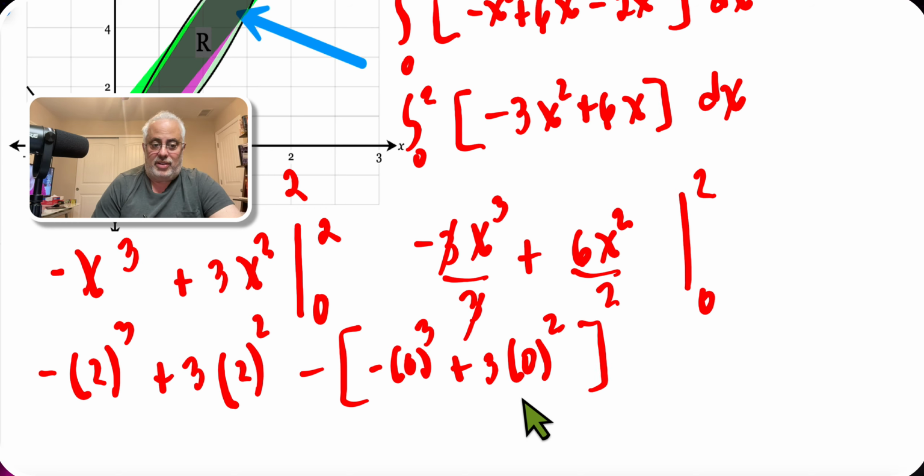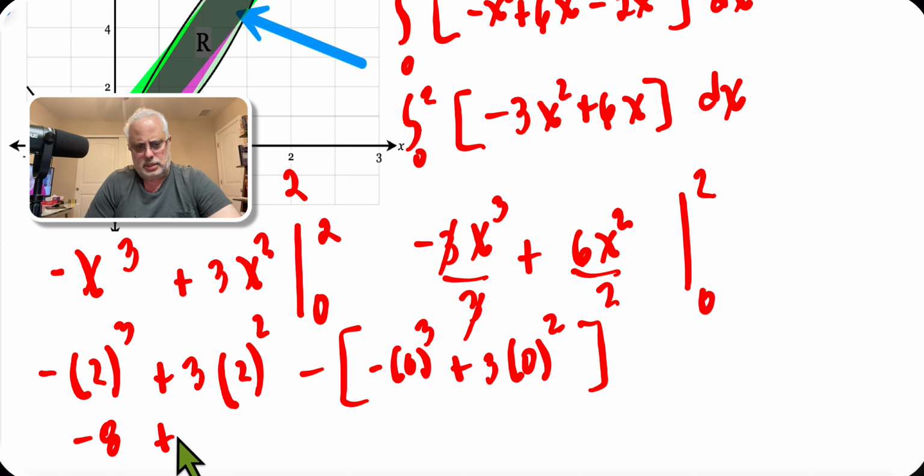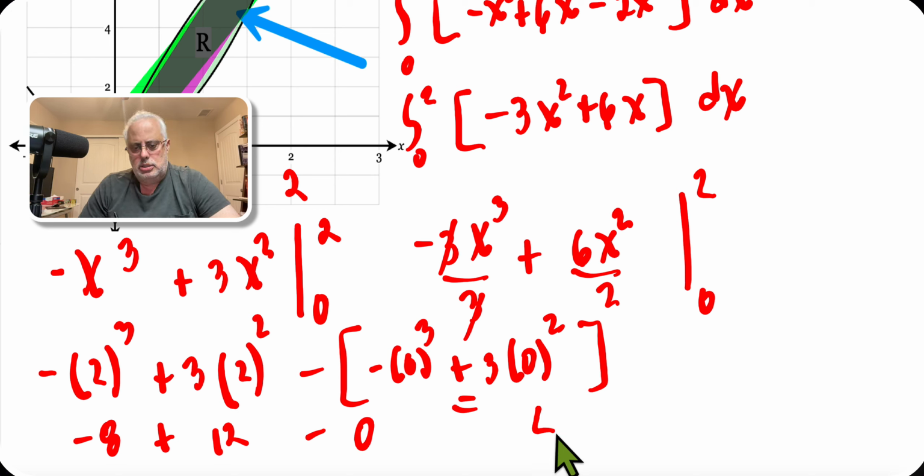So right here we have negative 8, plus 2 to the second power, which is 4. 4 times 3 is 12. All of this here is 0. So minus 0. So the answer here is 12 minus 8. All of this inside the bracket is 0. So very simple, 12 minus 8 is equal to 4. So the area of this region here is 4.